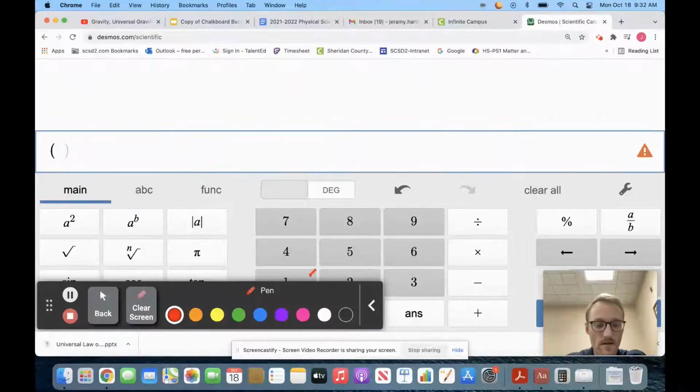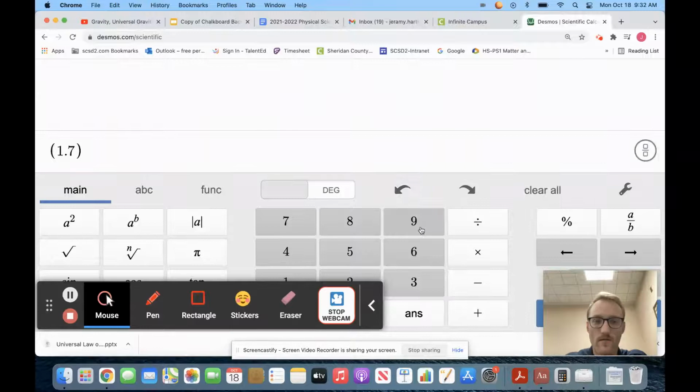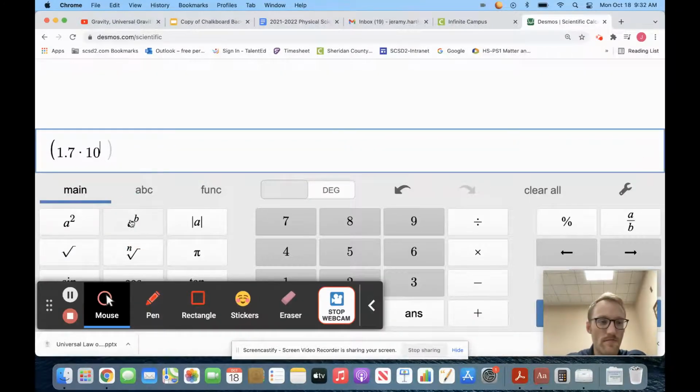So I go parentheses, 1.7 times 10 to the, this is our to-the-power arrow button, to the 15th, and then we want to close those parentheses. Now, one thing to look for is if you just hit the parentheses button right now, it's going to put the parentheses up around the 15. We want to make sure it's big. So let's see what that looks like.